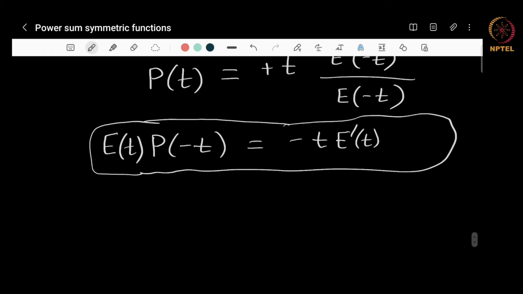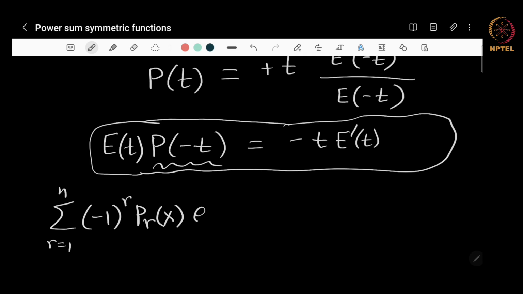Okay, so once more we rewrite what this gives rise to. It says the coefficients of P of minus t are not P_r, but rather minus 1 to the power r times P_r. So now I have minus 1 to the r, P_r of x into E_(n minus r) of x. And on the right-hand side, I have to figure out what I get.